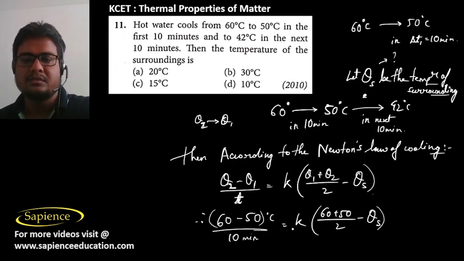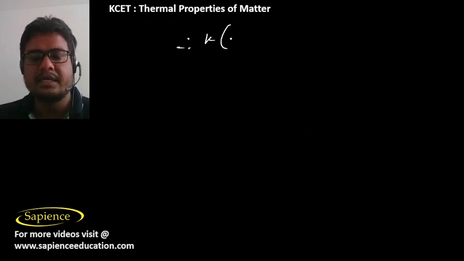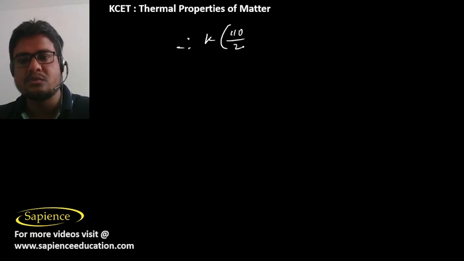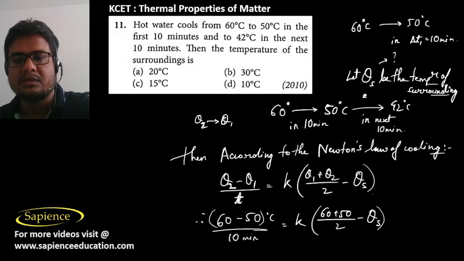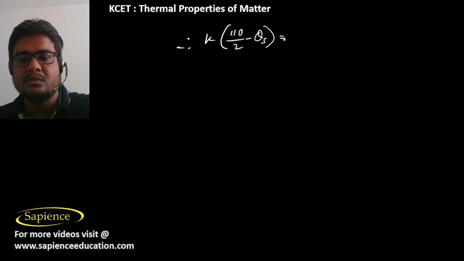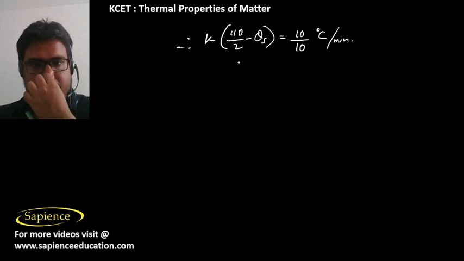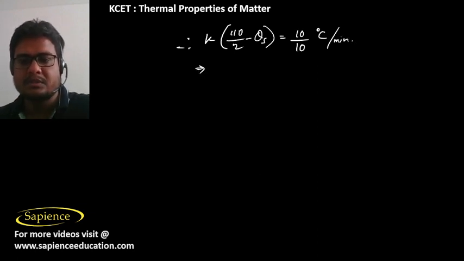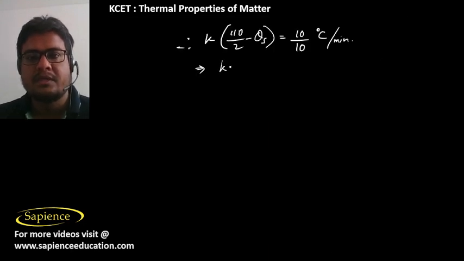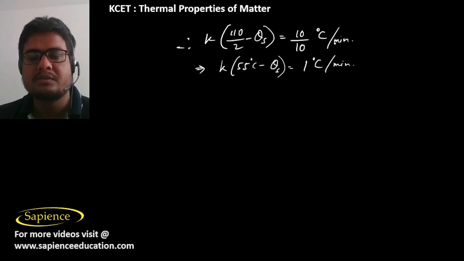So K into 110 by 2 minus theta s equals 10 by 10 degrees Celsius per minute. So K into 55 degrees Celsius minus theta s equals 1 degree Celsius per minute.